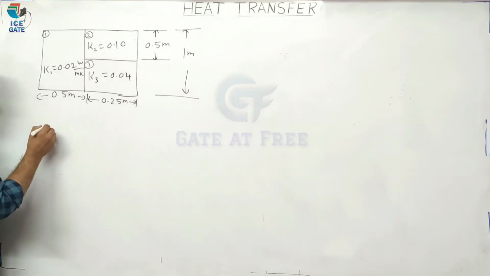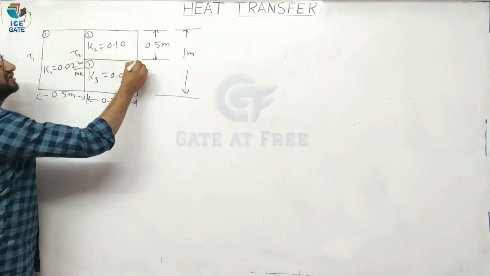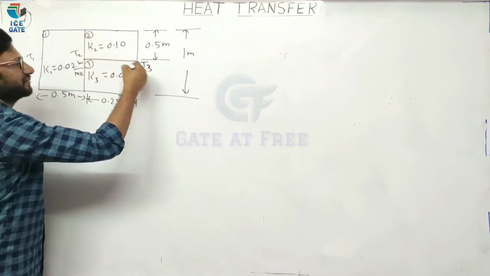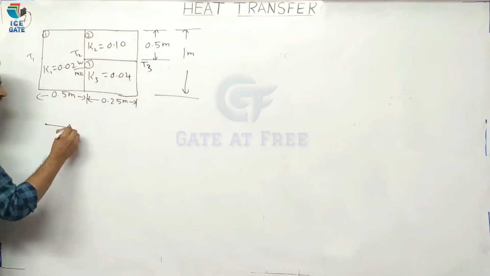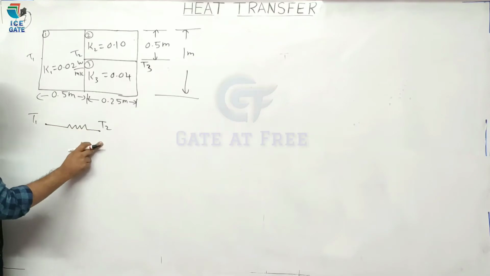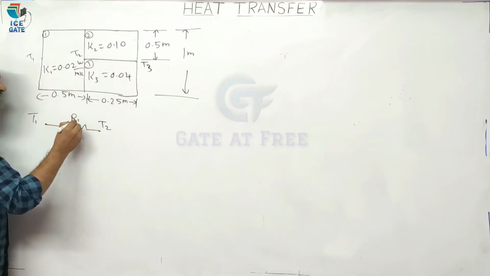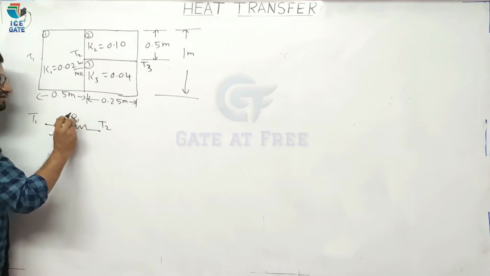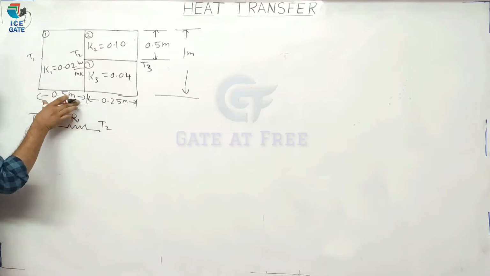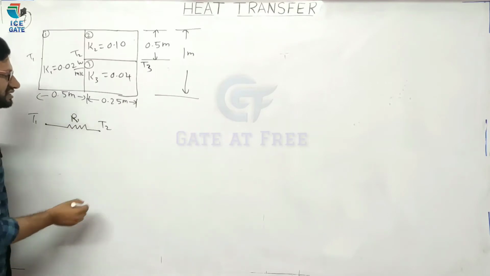Now draw a diagram. Say this is T1, this is T2, this is T3. Now from T1 to T2 in first slab, say R1, the resistance. Now what type of resistance in first slab? It is solid object. Obviously it is conductive resistance.